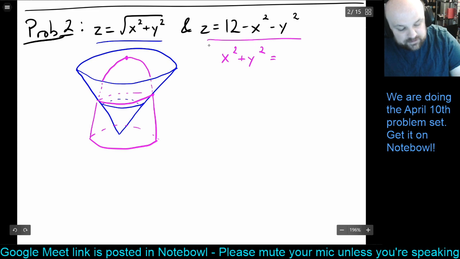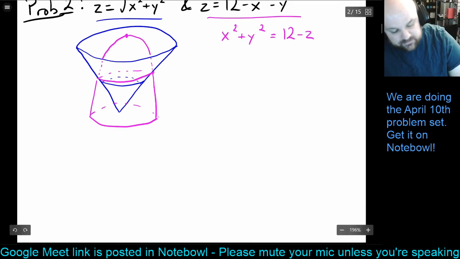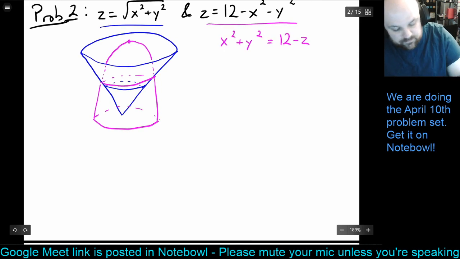Right, so this will be 12 minus z. And now I can take that and plug it underneath the square root there. So we have z equals square root of 12 minus z.